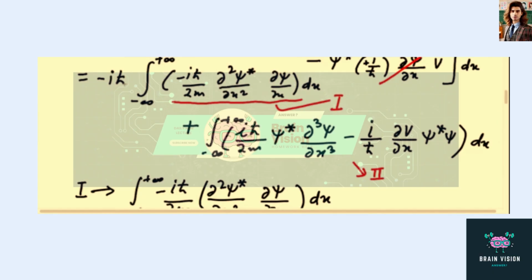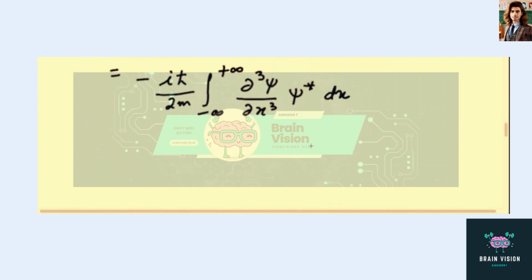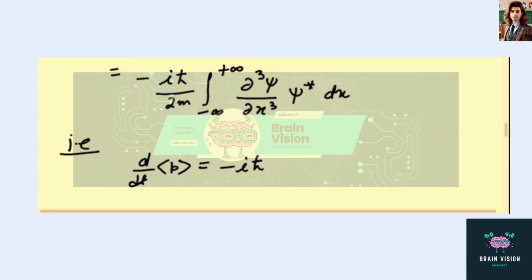So it will be minus iħ, and this value, that is d/dt of p, is equal to minus iħ into this, minus iħ/2.